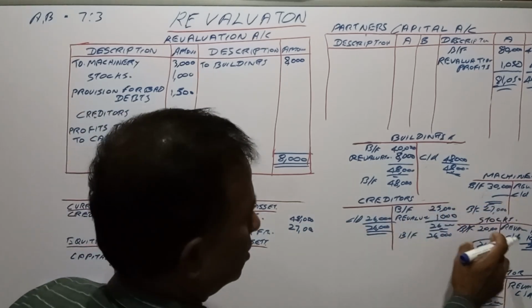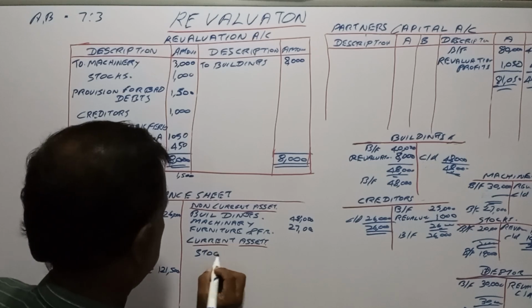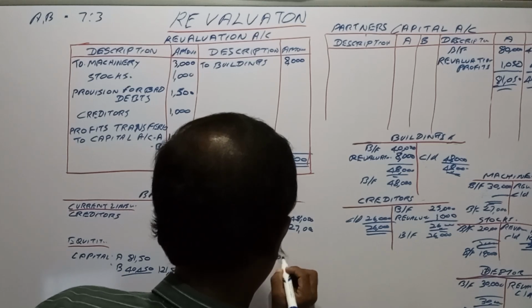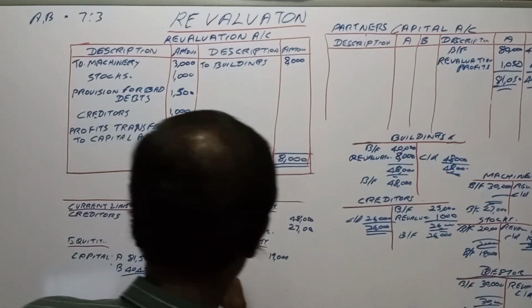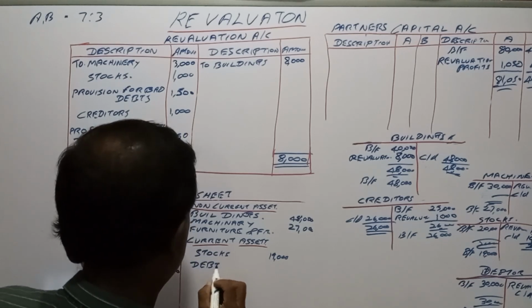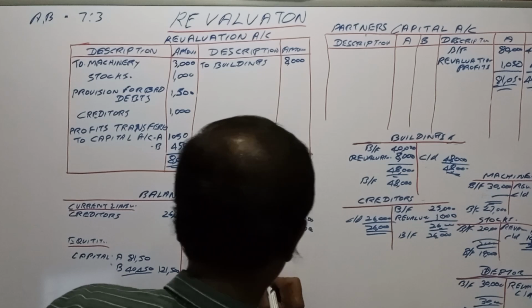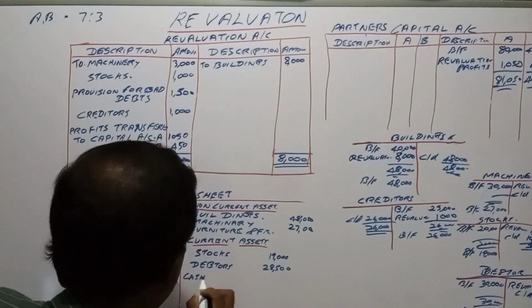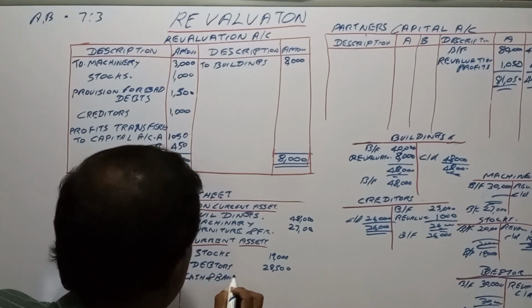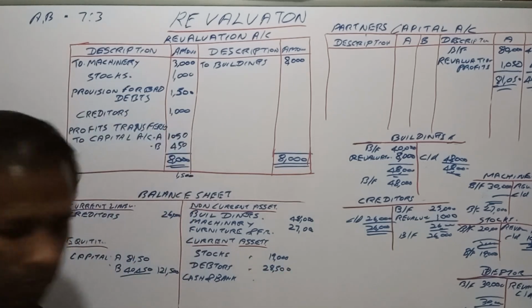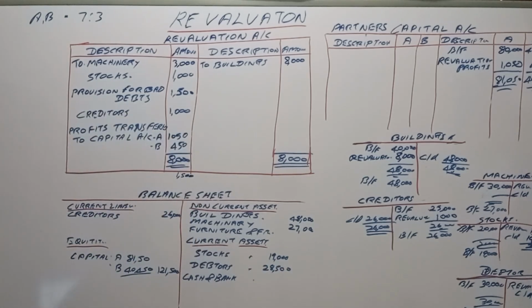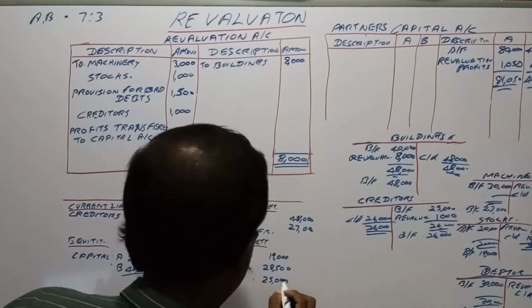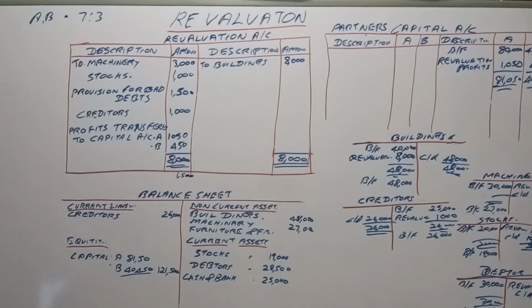Stocks how much? 19,000. Debtors how much? 28,500. Cash and bank how much? 25,000. Furniture and fitting fixtures 15,000.